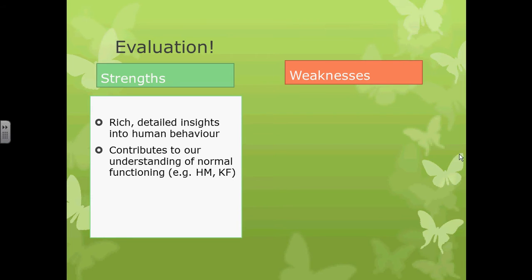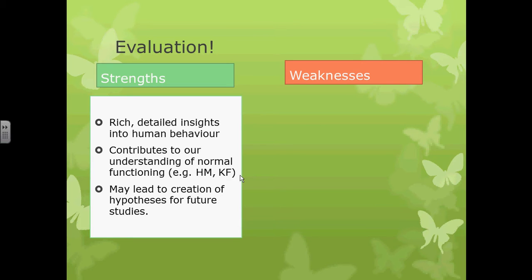So, for example, Clive Waring, or any of these memory examples, KF, for example, helped us to understand what was normal in terms of the working memory model, because he, I can't remember the details, had one part of his working memory functioning normally and the other part not. That helped us to put together the working memory model, because we could understand what was normal and what wasn't.